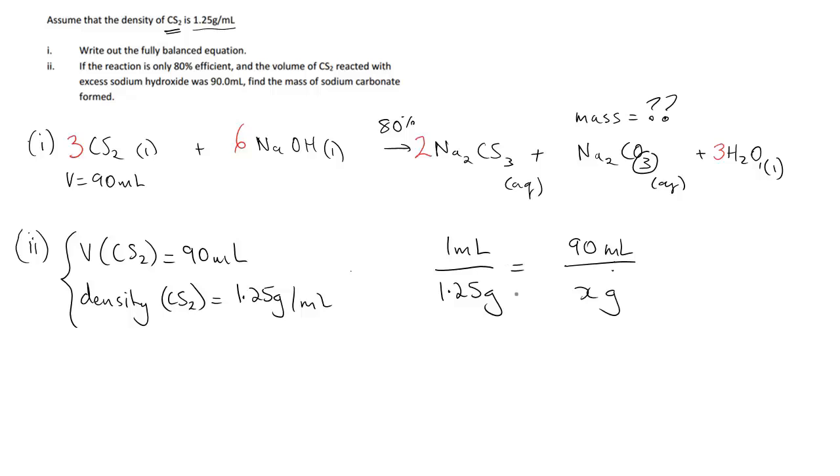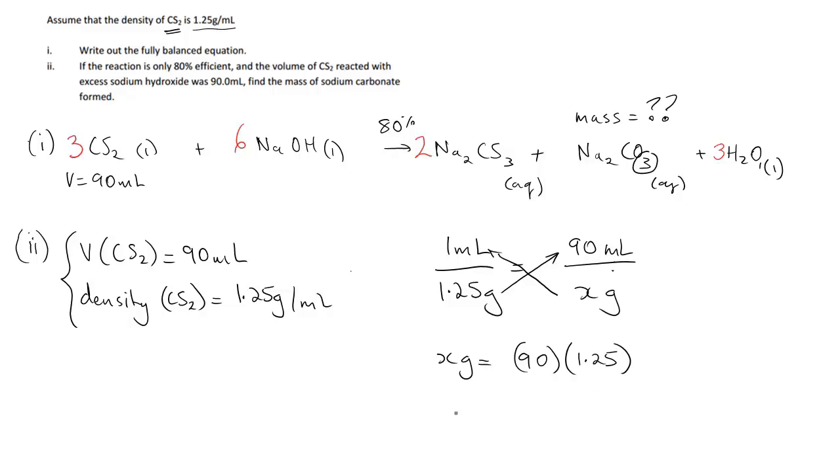So you can then just cross multiply. So X, which is the grams of carbon disulfide, you multiply it by the one there, and then you multiply this by that. So the proportion should always be maintained, because the density should still be the same.